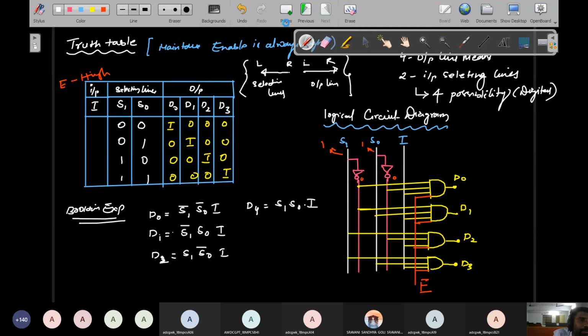Next page. Sorry, the 1:8 demultiplexer. So this is the 1:8 demultiplexer. I will explain right now.